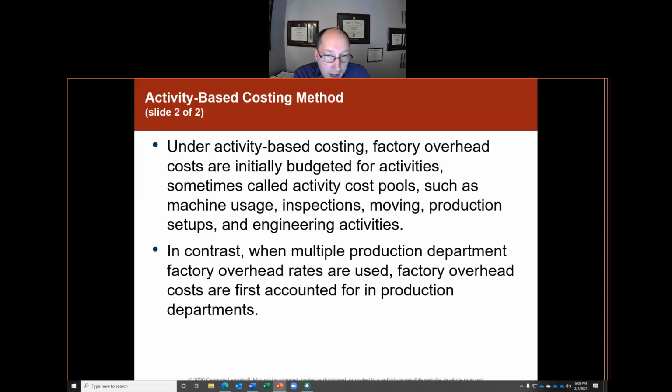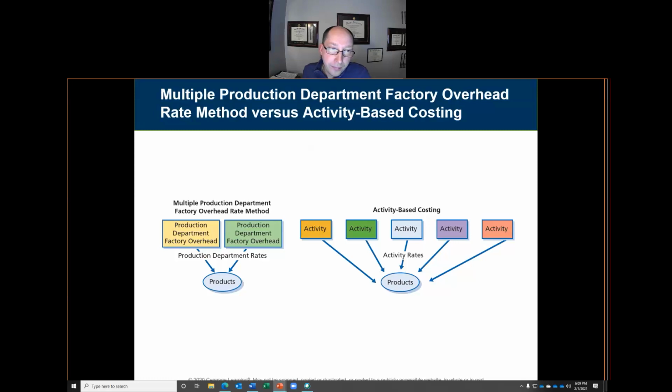Okay. In contrast, multiple production department factory overhead rates are used. Factory overhead costs are first allocated from the production departments. Basically, all that says is we either use activity-based costing or a different method. The other method is probably going to be multiple production departments, which we talked about earlier. Let's compare the two.